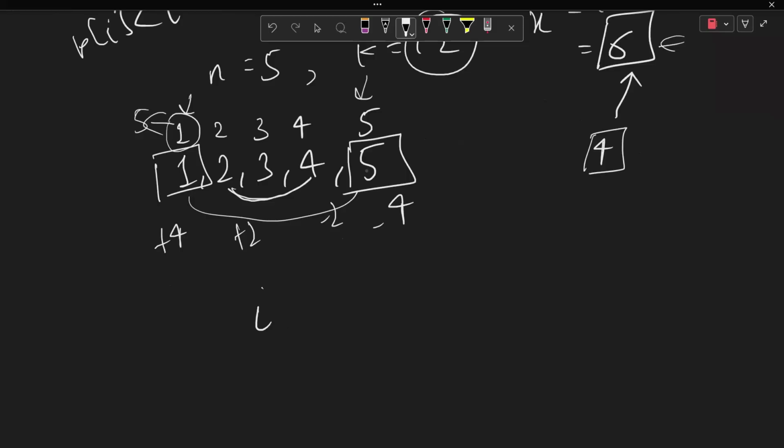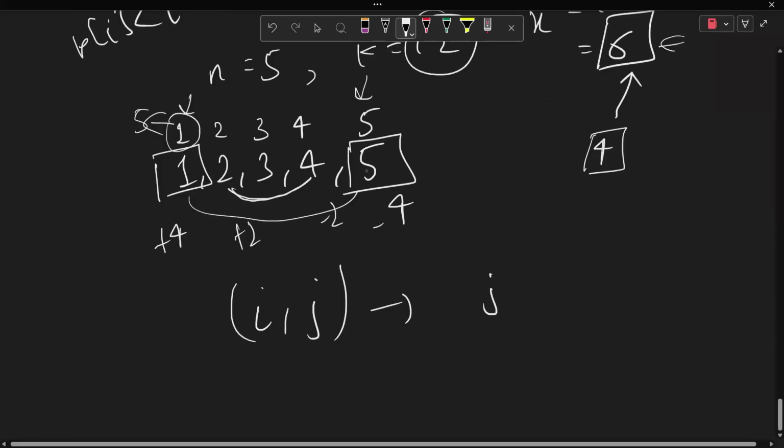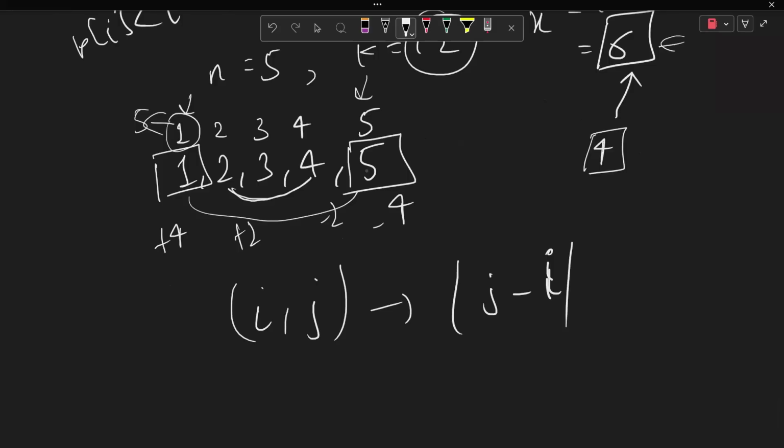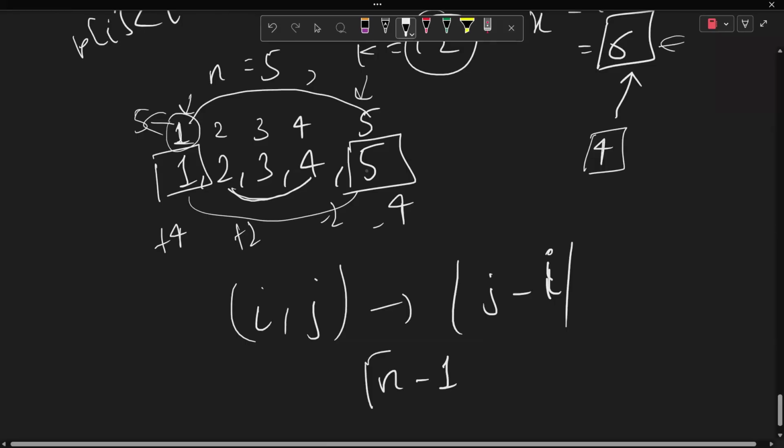If you look at it, if we are swapping positions i and j, you are adding j minus i to it. Okay, the difference between the two positions is getting added. And what's the maximum difference between two positions you can add in one swap? It's 1 and n, so it's n minus 1. This is the maximum you can add in a single swap.